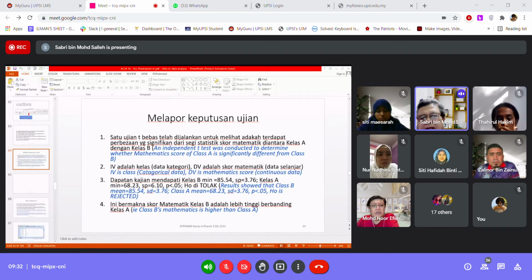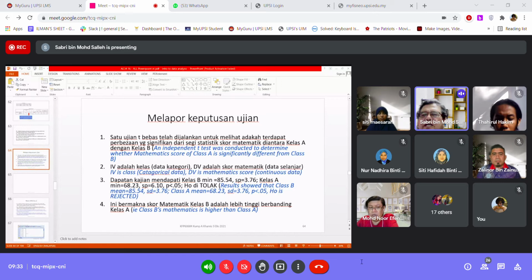A mean, standard deviation, and then read the P less than 0.05. What does that mean? H0 is rejected. Apa H0 kata tadi? There is no difference kan? So bila H0 reject, there is no, buang, there is difference. So bermakna B A lah. Ataupun memang B dengan A adalah berbeza. So 4 statement ni must be there.